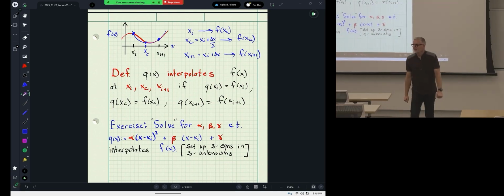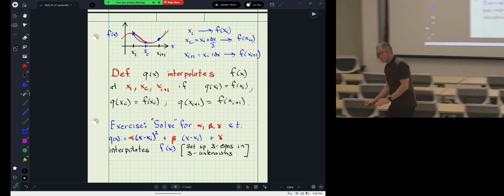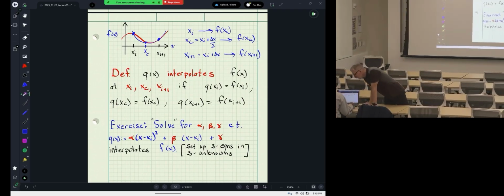Does that make sense? Substitute xi, xc, and xi plus 1, because once we have that, we get 3 equations and 3 unknowns. No, xi, xc, and xi plus 1 are known. Those are given.